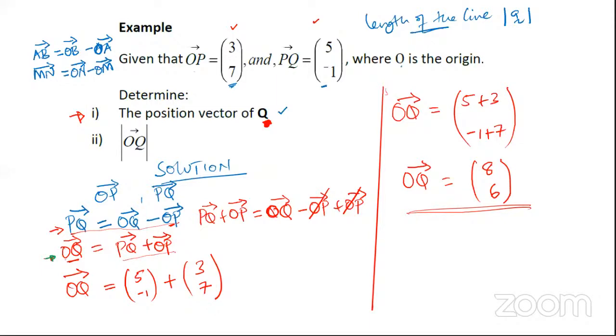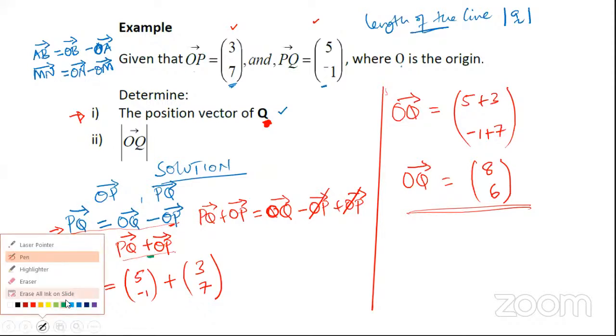Yes, Rose. She wanted to ask, where you have added, can sometimes you subtract? Now, you're asking how the addition is coming in. Do you remember making a subject of the formula?